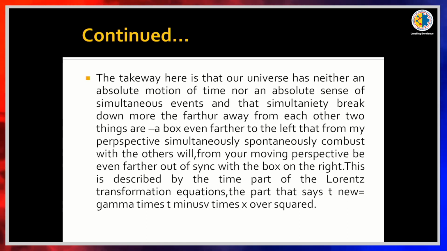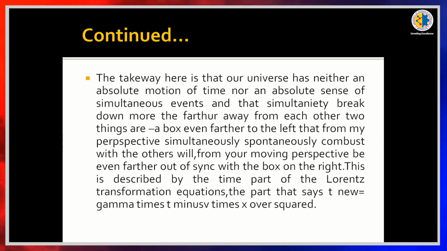So, in the Lorentz transformation equation we get t' is equal to (t minus vx/c²) divided by root over 1 minus v²/c². Using this we get the time, and then we say that different frames of reference say that the events are not simultaneous.